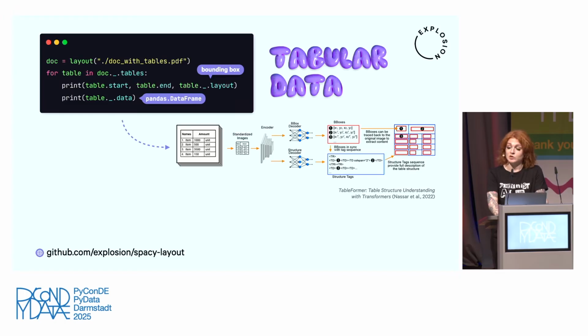And you can read more about that in the TableFormer paper. That's actually what's implemented in the library, and it works based off standardized images of the different tables that are detected in the document. And, well, what's a good format for a table? Of course, the pandas DataFrame is the most logical data format in Python to use.